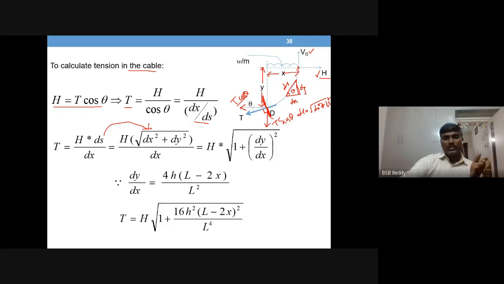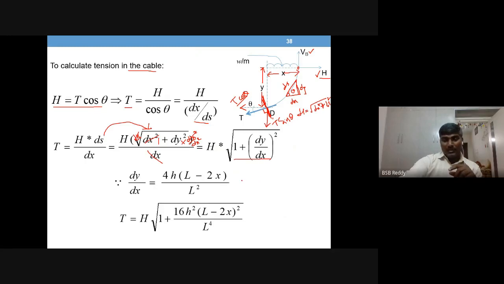So here there is no dx square. So what you do? Multiply with dx square divided by dx square. So now dx square will come out of the square root and will become dx, and denominator dx, numerator dx will cancel. Okay, so this came out. So there is 1 here, and dx square is gone, numerator 1. So dy by dx whole square is remaining.